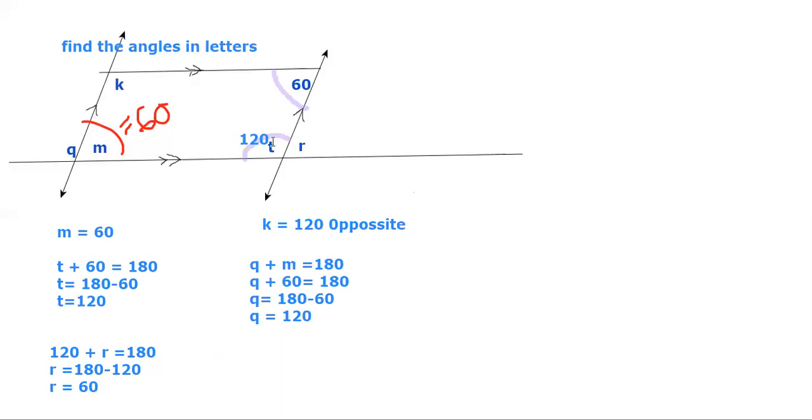Another person can just see that T is corresponding to Q, so T is equal to 120. Maths never lies, guys. So we are done. We have R, we have M, we are done with everything.